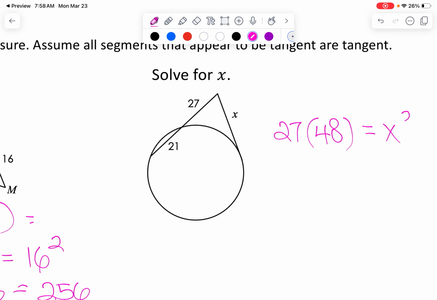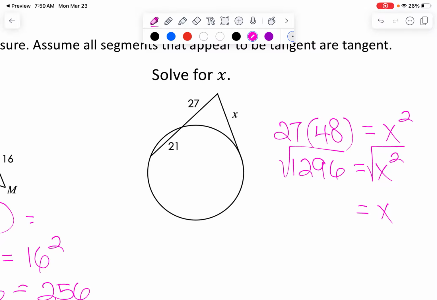And that should be equal to x squared. 27 times 48. I'll grab my calculator here. Just to make sure, that's 1296 equals x squared. And then I'm going to take the square root.